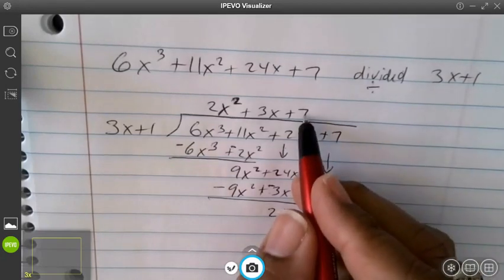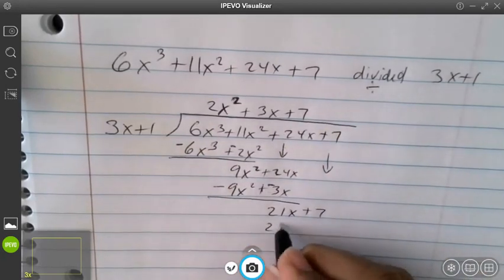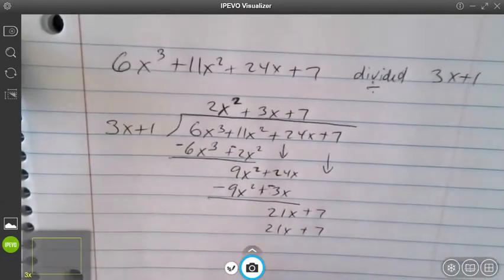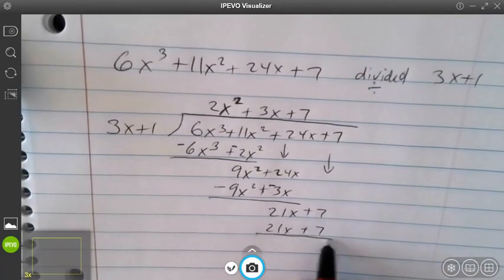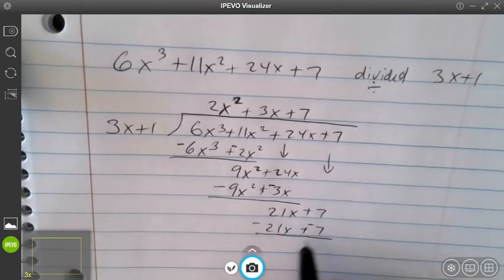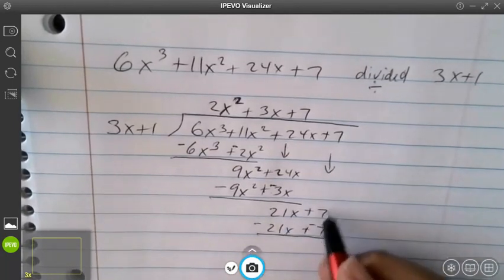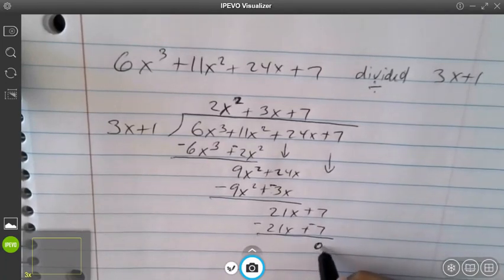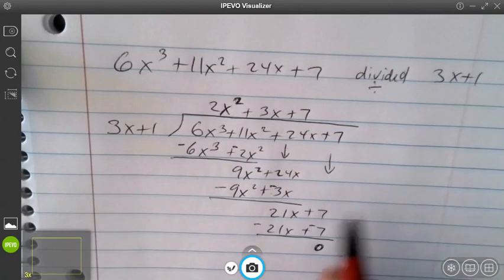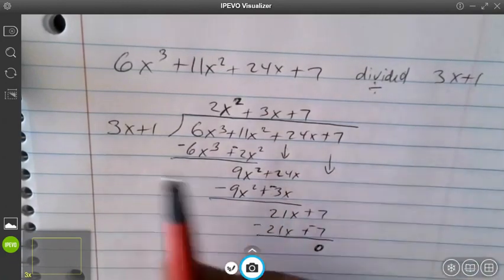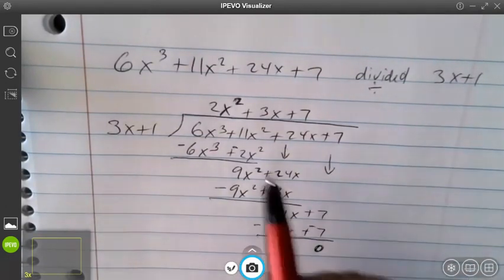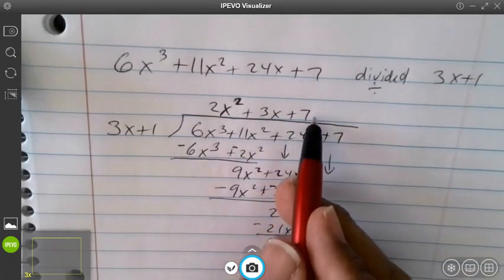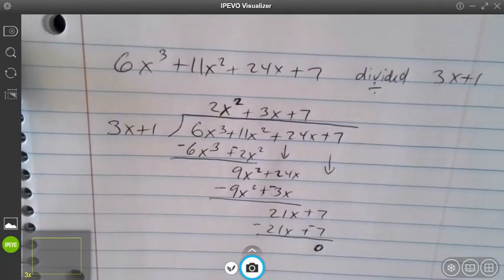So now let's multiply everything by this 7. 7 times 3x is 21x, and 7 times 1 is 7. Now we can change the sign and subtract. That cancels out, and look here, this cancels out. That means you do not have a remainder. If you did have a remainder, you would put that over the divisor. But right now, your final answer here is 2x squared plus 3x plus 7.